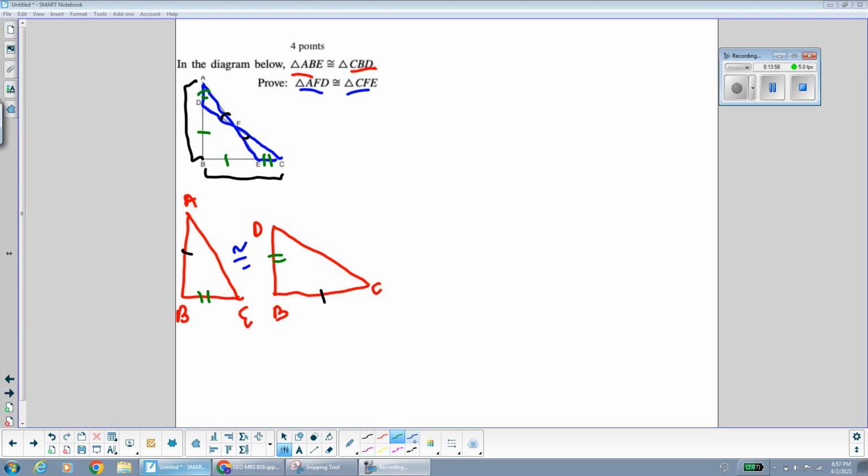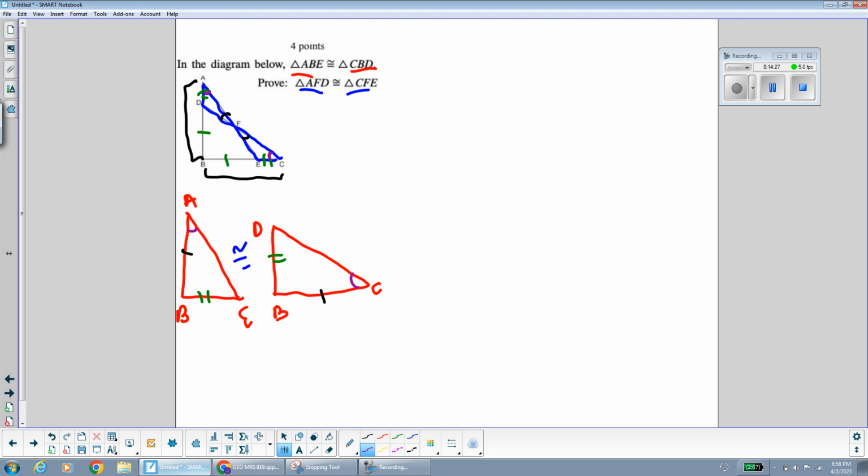Now, the angle is going to be the easier one to get, because angle A is inside this small blue triangle, but it's also a full angle in this triangle. And angle C is in the small blue triangle, but it's also a full angle in this triangle. So we already know angle A and angle C are congruent to each other as well because of CPCTC, because the two larger triangles that also have angle A and angle C as part of them are already congruent.